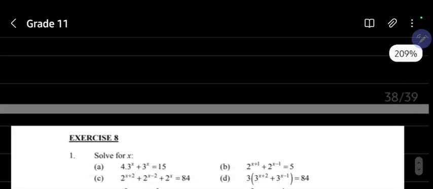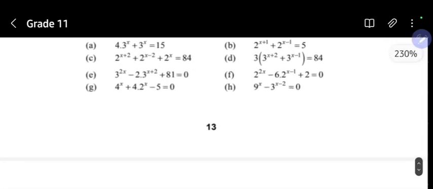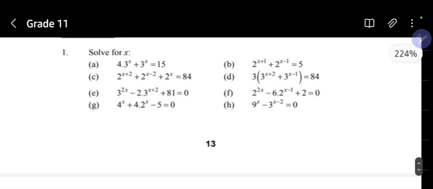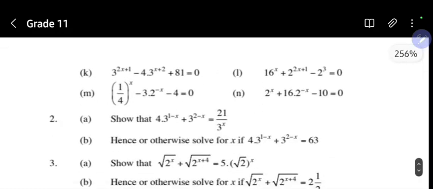So quickly let us continue with our last problem, problem number 2. Please screenshot this, guys. Exercise 8, this is our homework. I hope you have managed to screenshot the first part, and this is the second part.